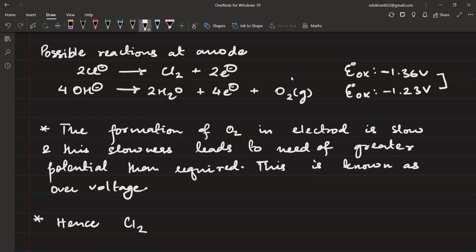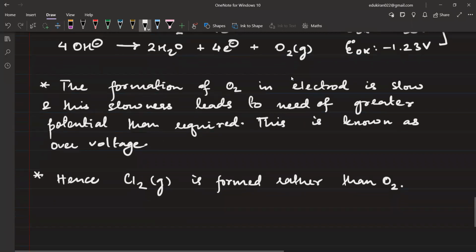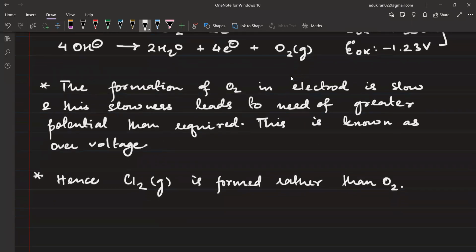Hence, chlorine gas is formed rather than O2. So O2 is not formed. What is formed? Cl2 is formed due to over voltage. Okay, because of the size of OH negative atom.